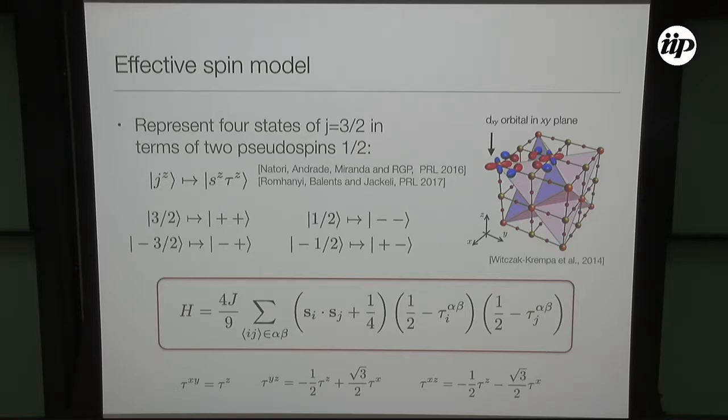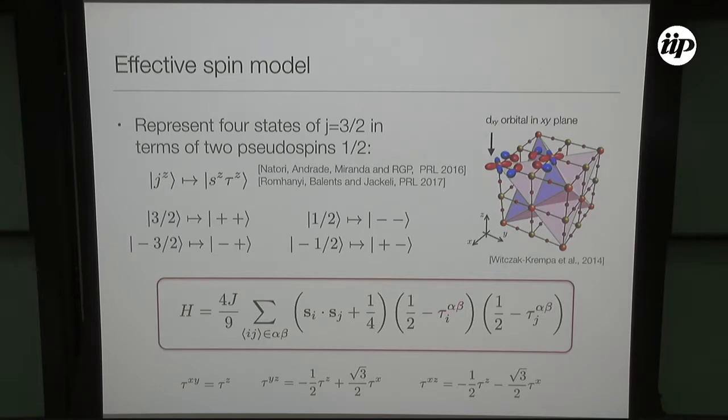And if you use this notation and represent the J equals 3/2 operators in terms of S and tau pseudospin operators, this is the effective spin Hamiltonian. And here, notice there is some coupling between the pseudospins that is isotropic, Heisenberg-like, but also there is some dependence in the interaction on the orbital or pseudo-orbital degree of freedom.